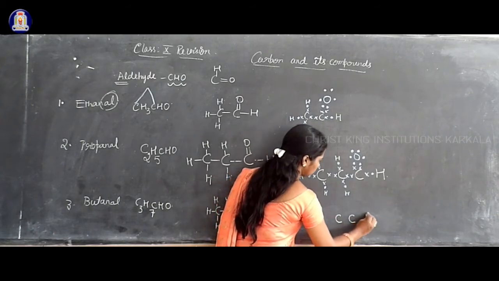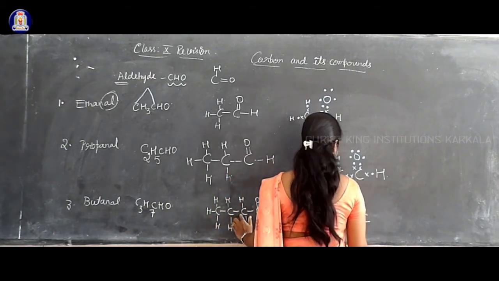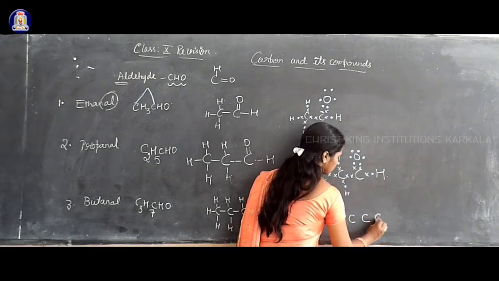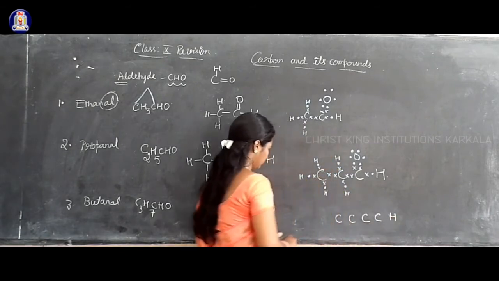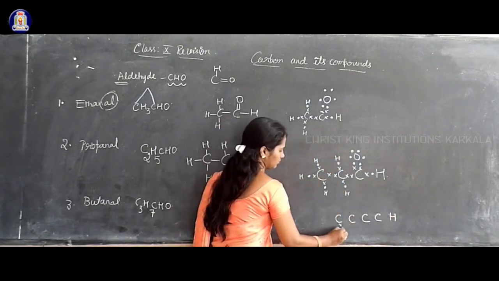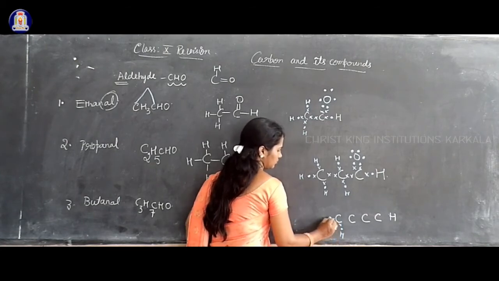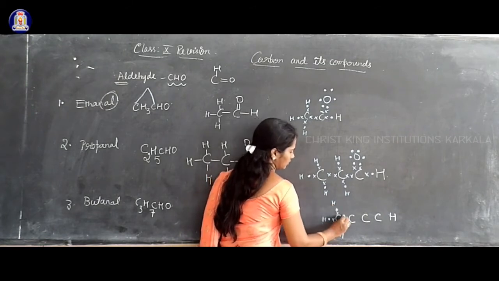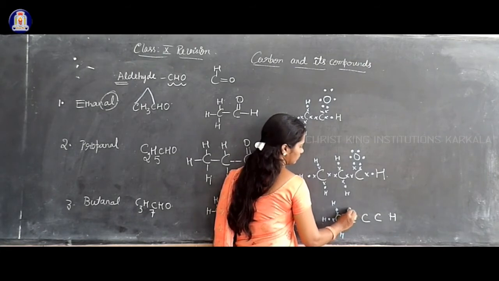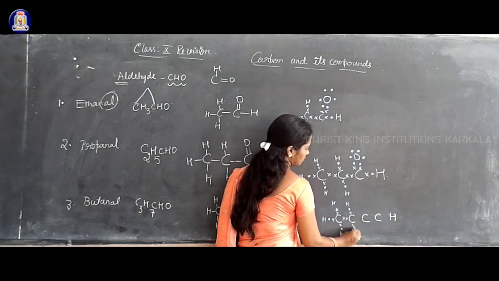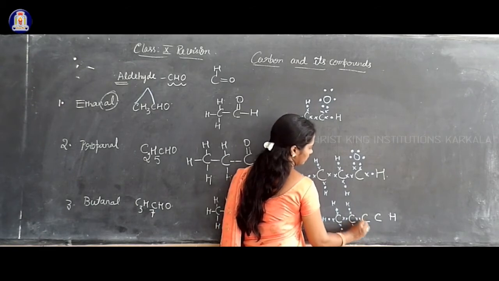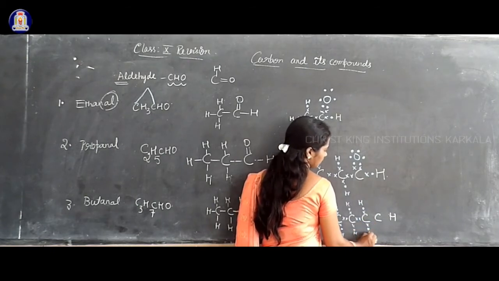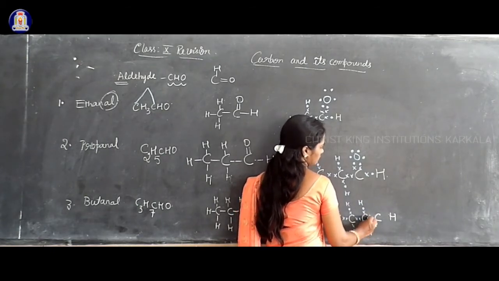1, 2, 3. C3, 4 carbon atoms. And here hydrogen. Into dot H, into dot H, into dot H, into dot H, into dot H, into dot H, into dot H, into.